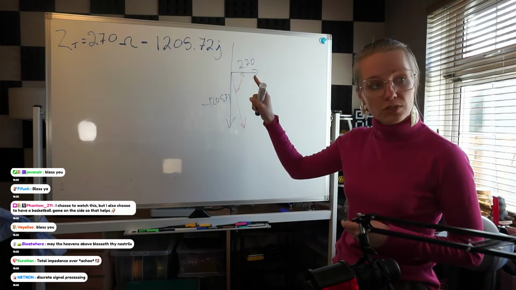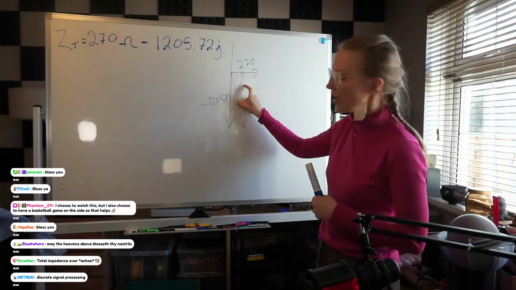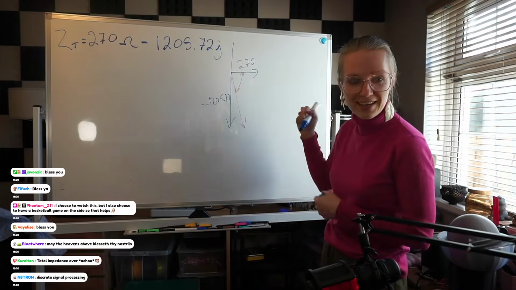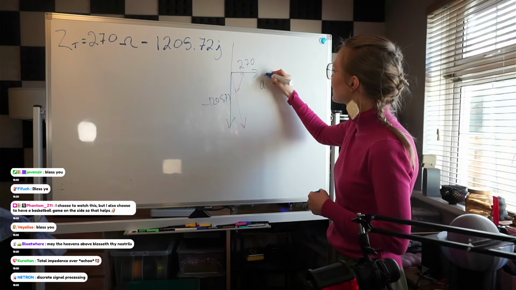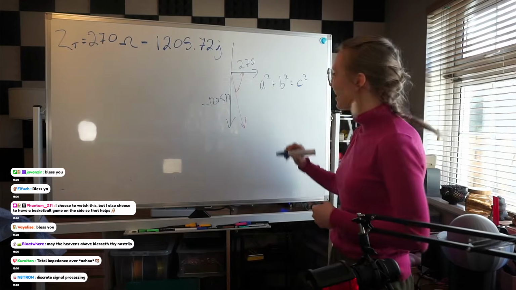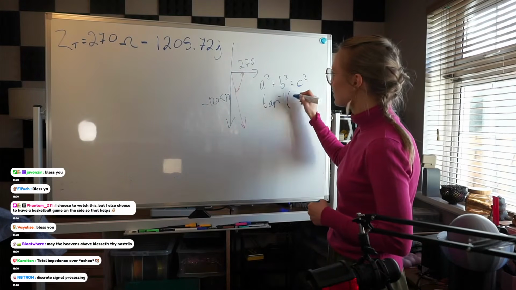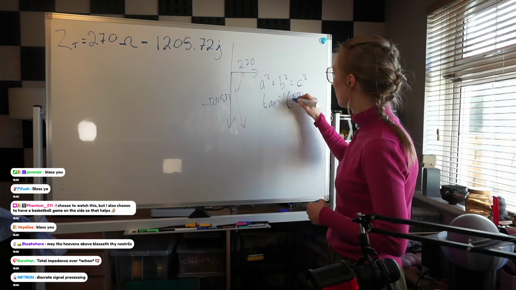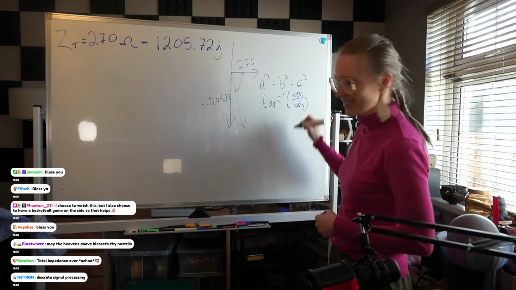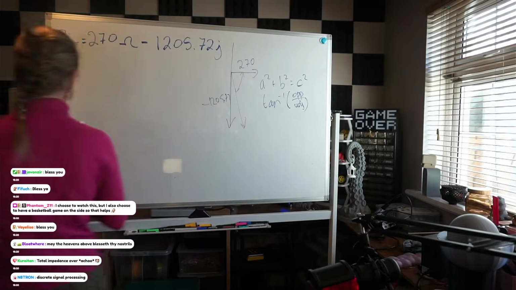So what we're actually going to do is some trig. How do you find the magnitude? So remember Pythagoras' theorem? A squared plus B squared is equal to C squared. And do you remember your tan? Arctan is equal to opposite over adjacent. I'm glad to hear that, lab rats, because that's where we're going with this.